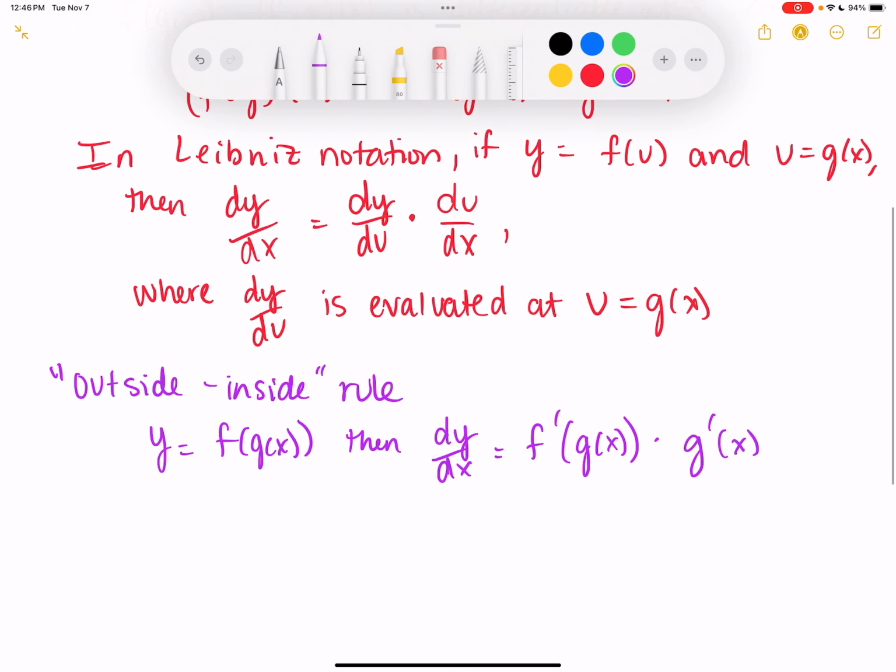But the way I would say this is the derivative of the outside times the derivative of the inside.